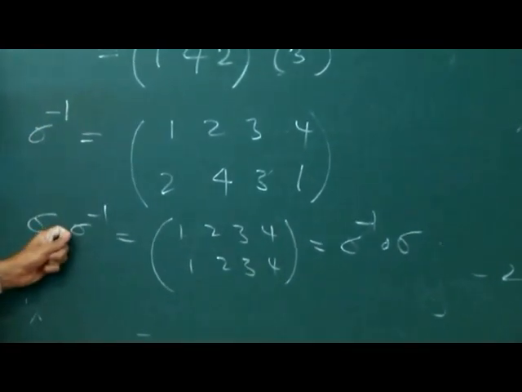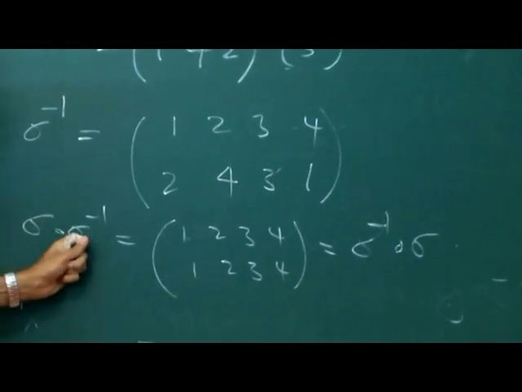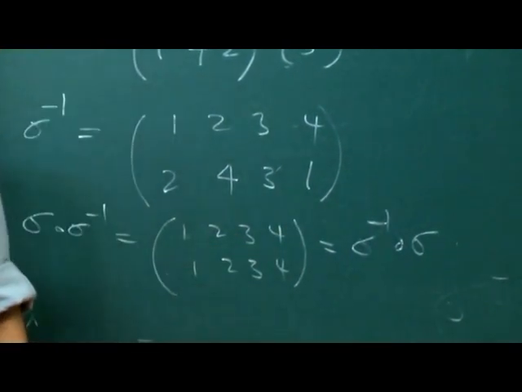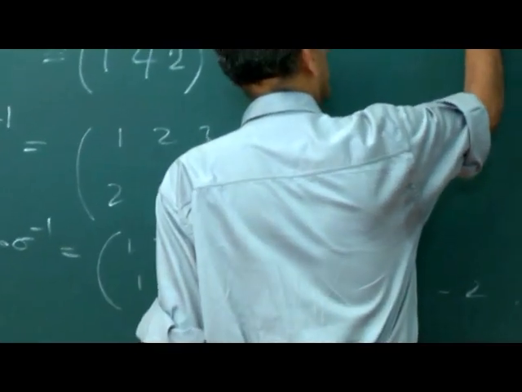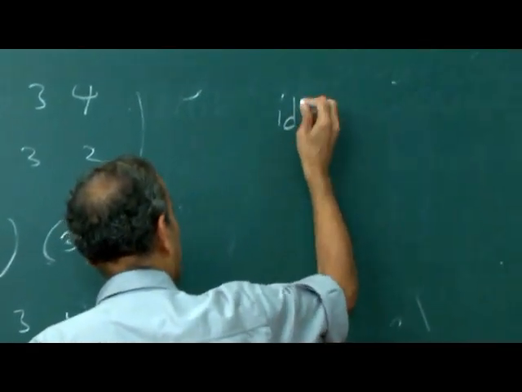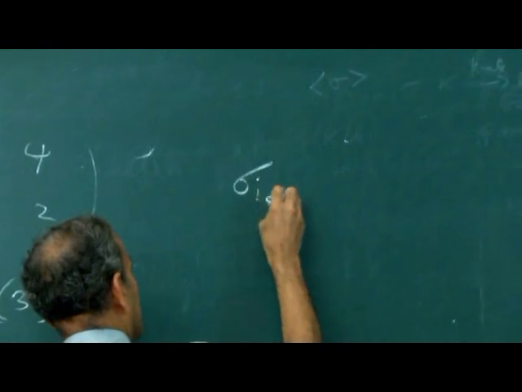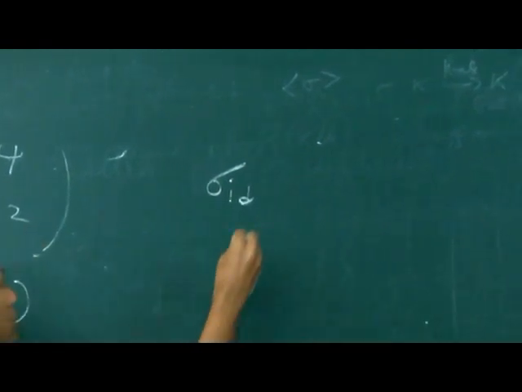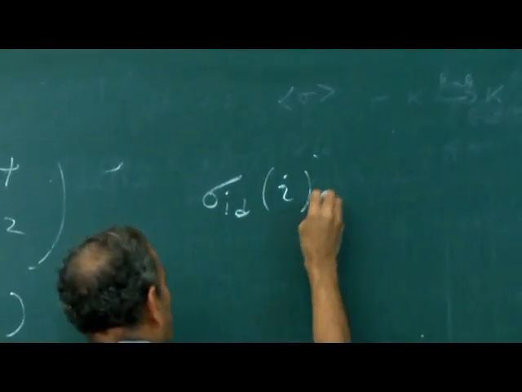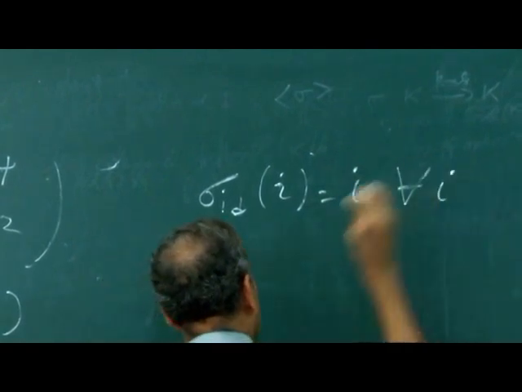Sigma into sigma inverse is an identity permutation, which I call sigma ID. So sigma ID takes i to i for all i.